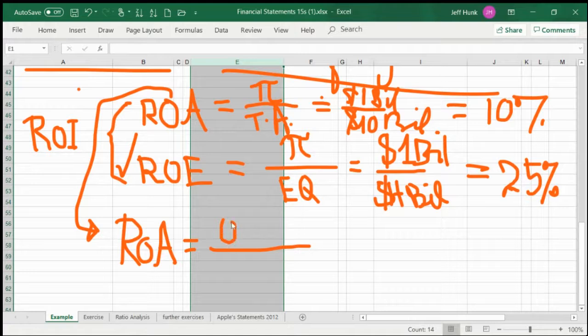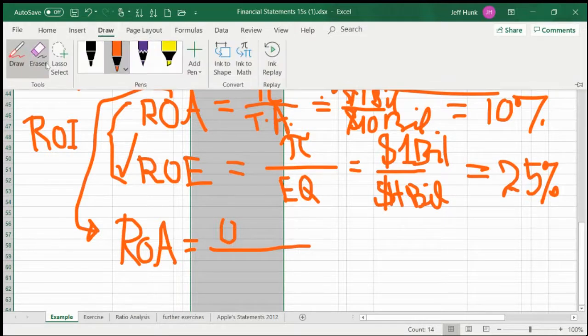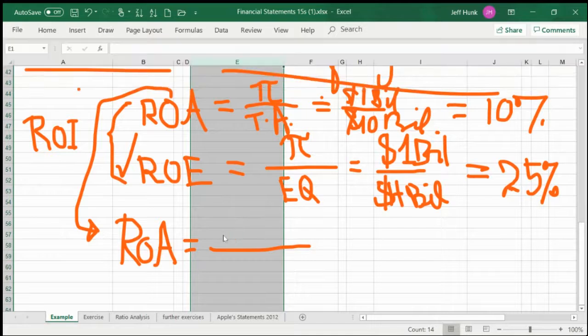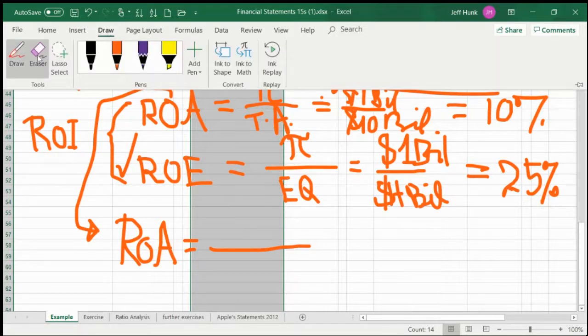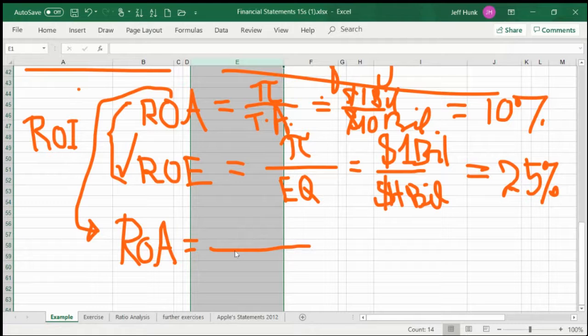So for the creditors or bondholders or debt holders, EBIT, the operating profit, is a better measure of profit.